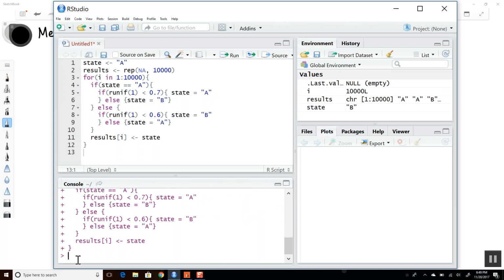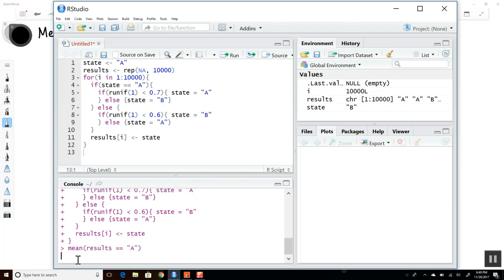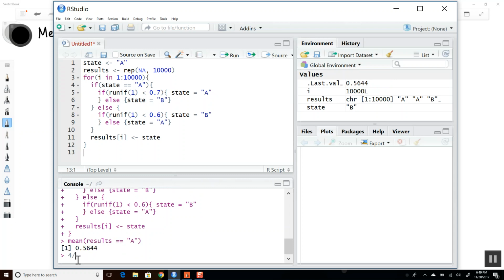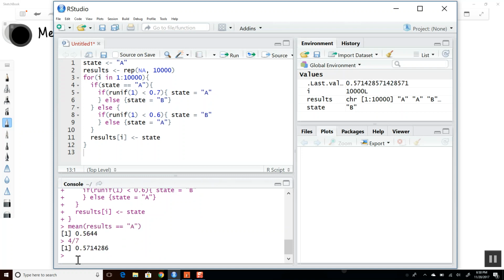Let's see how many of our results are equal to A, and we're hoping for something around 4/7 out of 10,000. What is 4 divided by 7? Okay, kind of close, not perfect. I guess if I did 100,000, we'd probably get something closer.